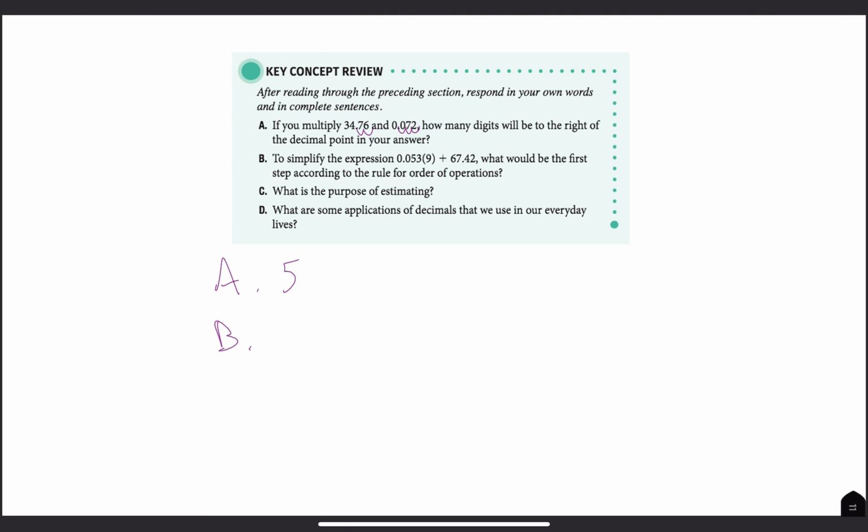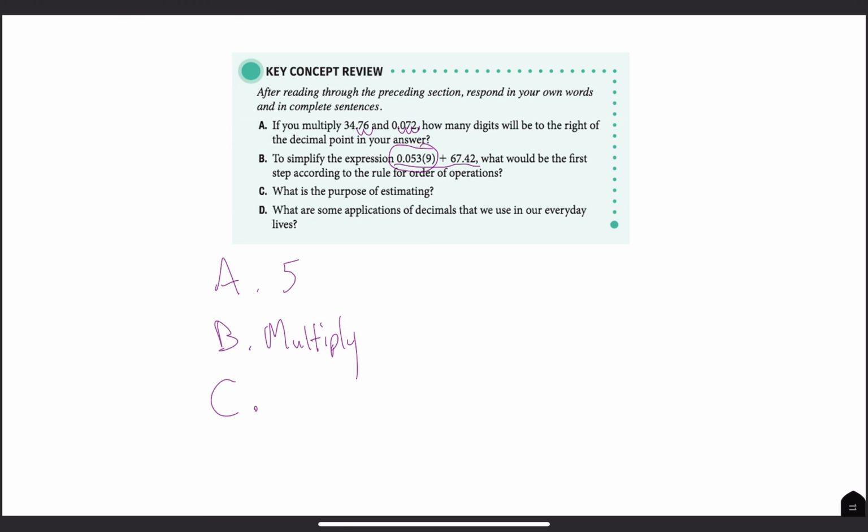All right, B. To simplify the expression right here, what would be the first step according to the rule for order of operations? We would have to do this multiplication first, right? So you'd have to multiply first.